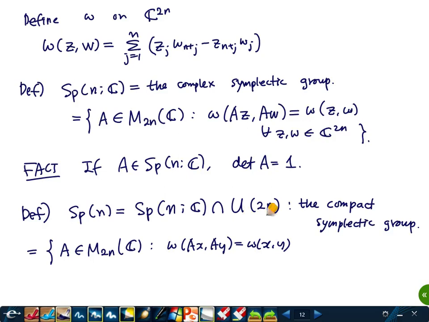And also it preserves the standard inner product. So the matrix A preserves not only this, but also this. Together, it preserves both for all x, y in C^2n. So it's a compact symplectic group.